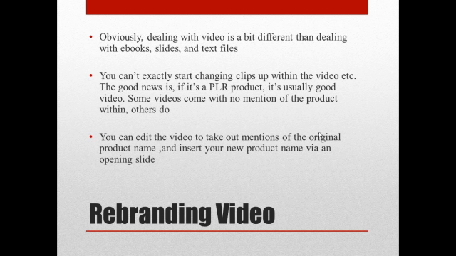We'll go over how to do that again. So you can edit the video to take out mentions of the original product name, and then insert your new product name via an opening slide, which again, there's another technology that we can use to do that. I'll show you how.